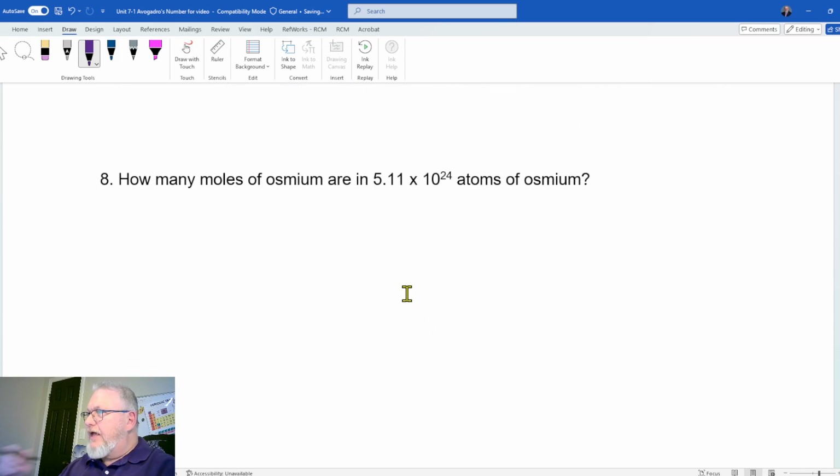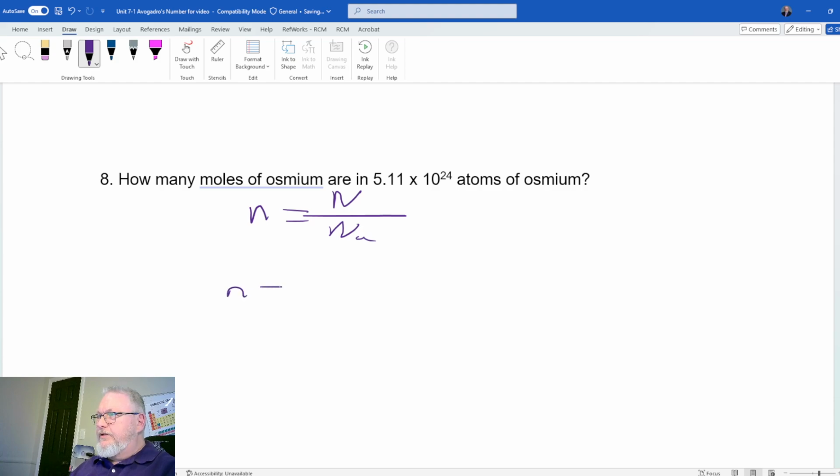All right, last one. Let's do this with osmium. Os, I think. All right, so how many moles of osmium are in 5.11 times 10 to the 24th atoms of osmium? Well, let's see. Let's write our little formula down. Little n equals the number of particles, and that's where we're going to put that number there, divided by Avogadro's number.